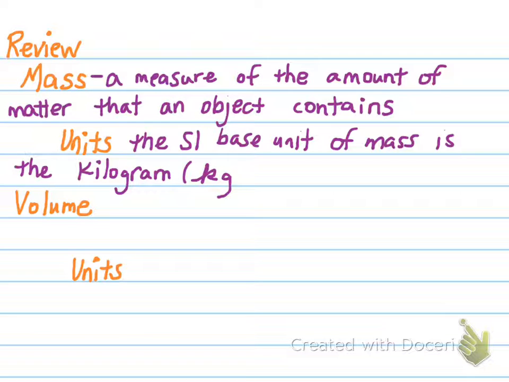We typically will use the gram, but remember SI means Le Système International d'Unités, that international system of units that's used by scientists around the world. All scientists around the world know how much a gram is and know how much a kilogram is, and that's typically how we measure mass.